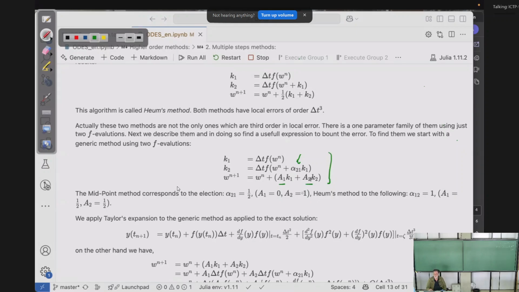And if you look at all the methods, for instance, the midpoint was this: alpha 1,2 is 1/2, the A1 was 0 and the A2 was 1, and Heun's method is symmetrical, so alpha 1,2 is 1, and A1 and A2 are 1/2 each.